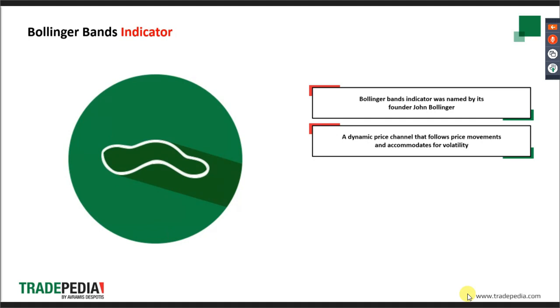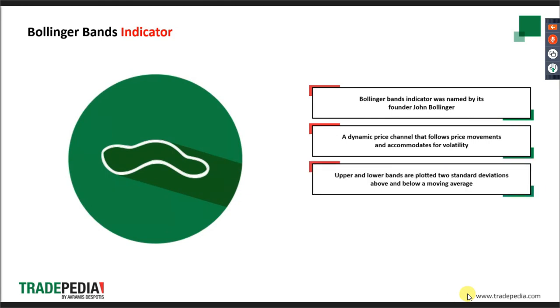This indicator is made up of 3 bands where we have the upper and lower bands plotted by 2 standard deviations, but you can change this depending on the setting for TradingView, but this is the usual default setting that comes with it.